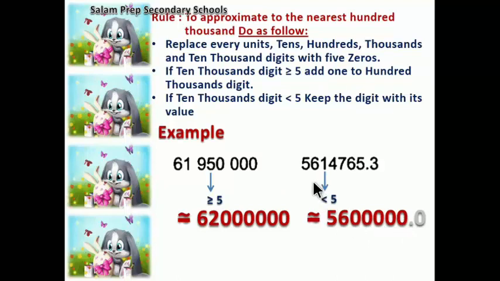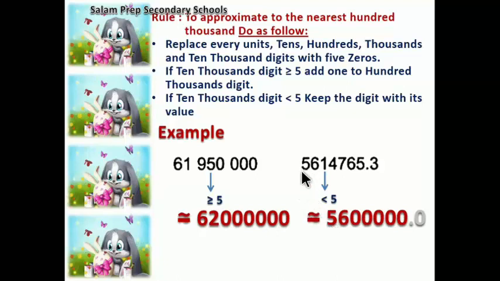Okay, now go to 100,000s. Before 100,000s is 10,000s. Digit 1 is smaller than 5, so we will write 6 in 100,000s. Digit 6 doesn't change, it remains the same. And write all digits after 100,000s the same. We will write 5.